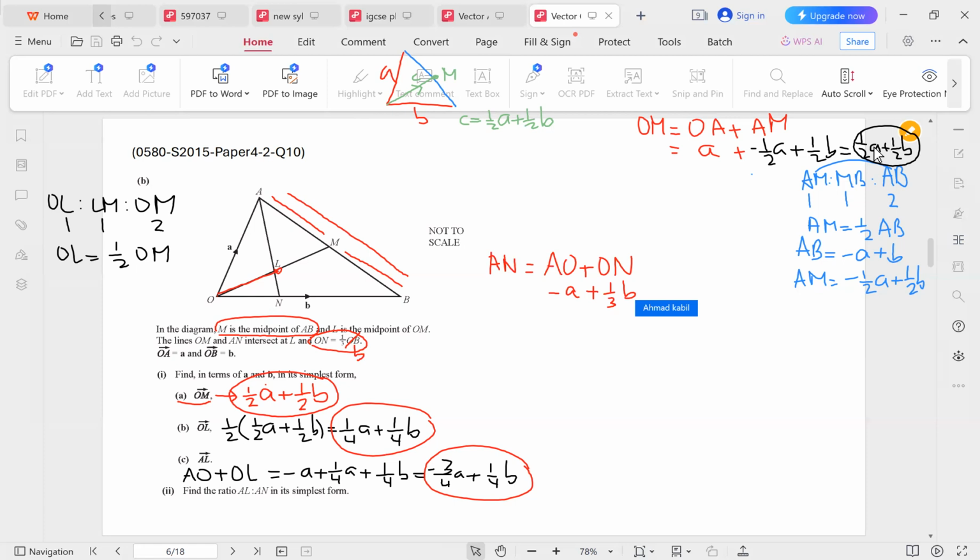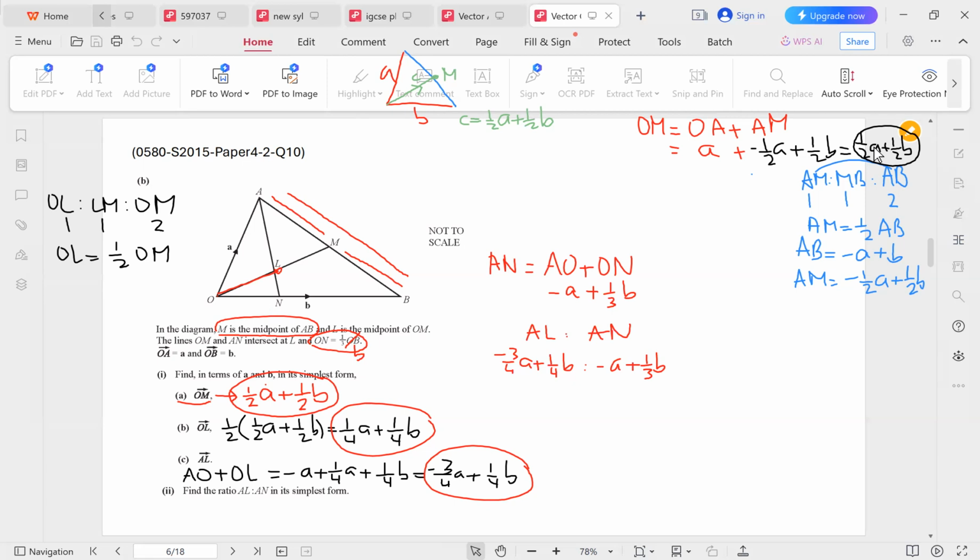So if we want the ratio of AL to AN, AL is negative 3/4 A plus 1/4 B, and AN is negative A plus 1/3 B. You have to understand that AL and AN are parallel, so the ratio has to be a number, 1 to something, or something to 1.